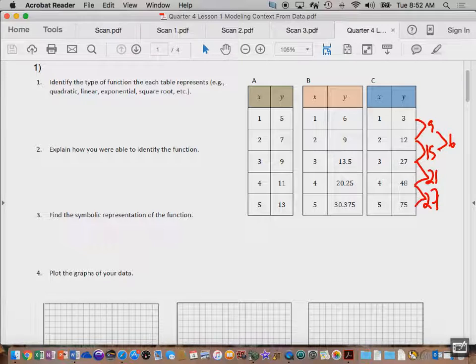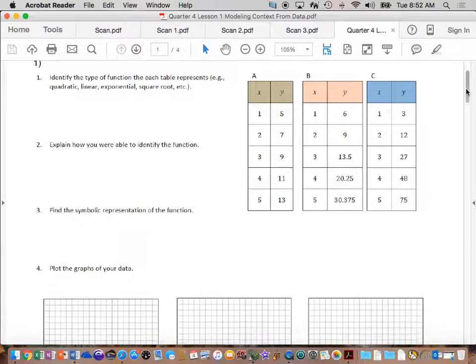And then if I go to second differences, I notice my second difference is 6. And if it's a common second difference, it will always be quadratic. Explain how you're able to identify. This one has a common first difference. This has a common ratio, and this has a common second difference. I'm sure you know how to graph it. Okay?